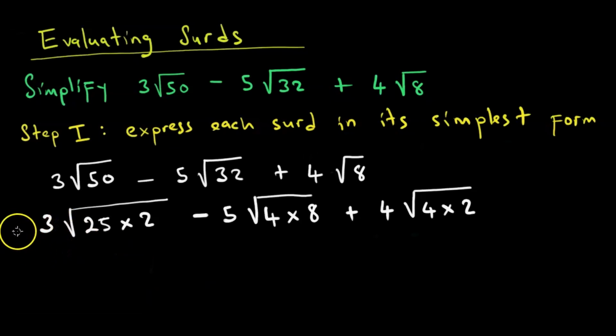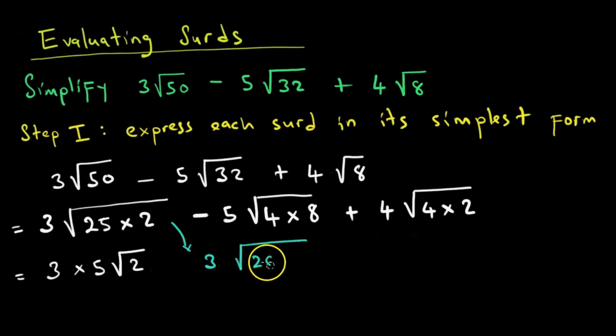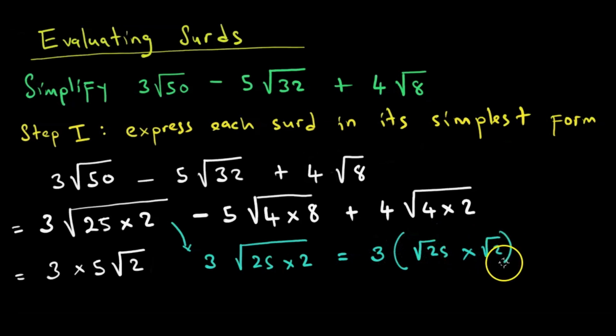What then are we going to do? So this now is equal to 3, then simplifying this, the square root of 25 times 2. Let's simplify further according to what we have learned. Put 3 the square root of 25 times 2, which equals 3 multiplying the square root of 25 times the square root of 2, which then becomes 3 multiplying 5 times the square root of 2.